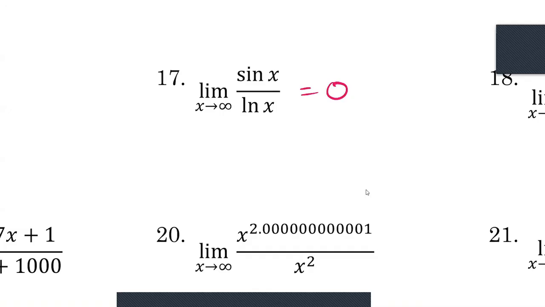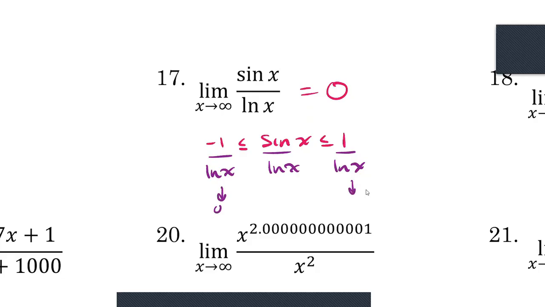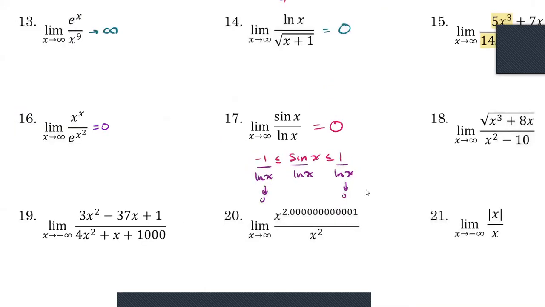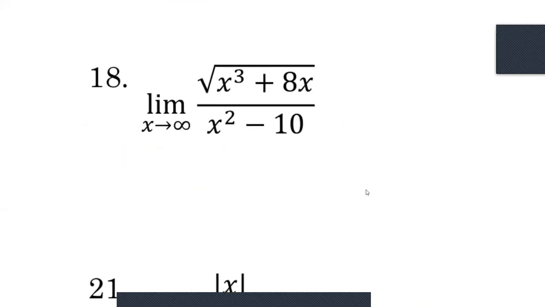You could say something like, -1 is less than or equal to sine of x, which is less than or equal to 1, then dividing all of these things by the natural log of x. Right, and then when we take the limits of these things, this goes off towards 0, that goes off towards 0. So by the squeeze theorem, sine of x over natural log of x would also go off towards 0.